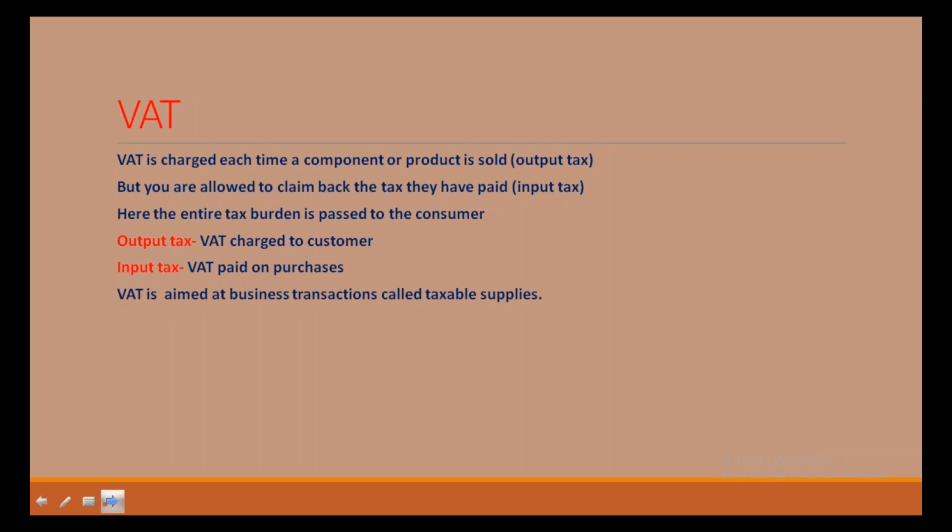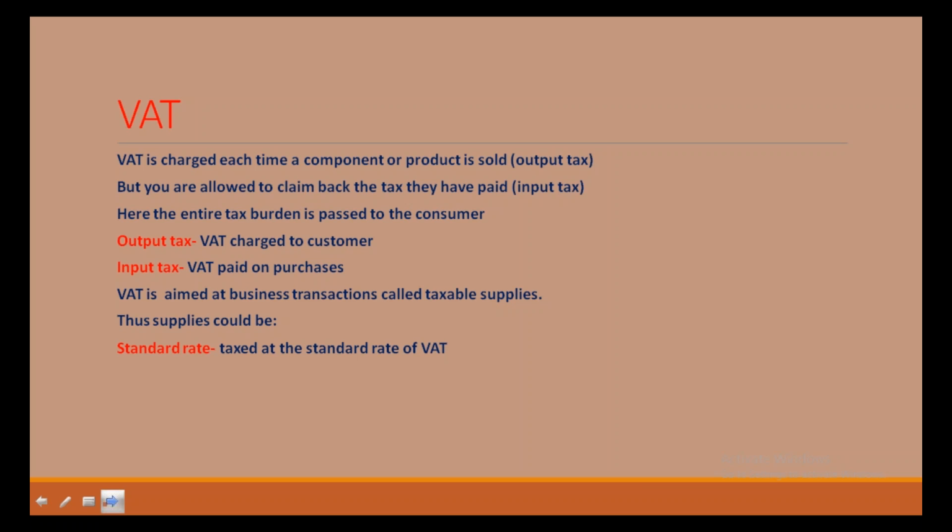So basically, VAT is charged on items we call taxable supplies. Taxable supplies are defined in the act, in the law, saying these are what we call taxable supplies. Certain items are exempted, certain items are taxed at a different rate. So taxable supplies could be taxed at the standard rate.